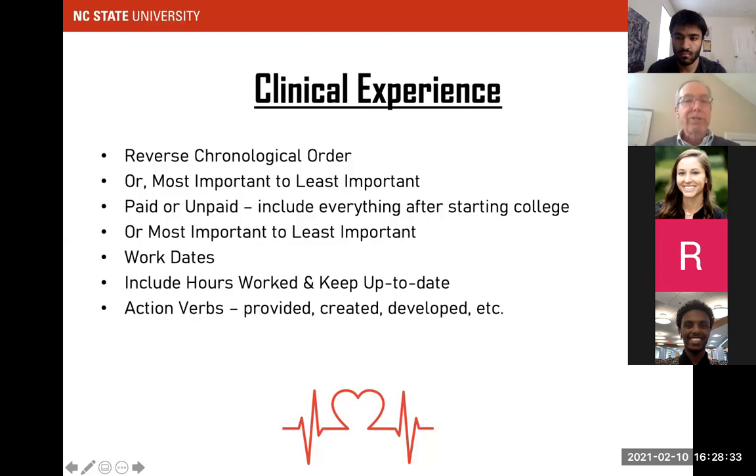Of course, the work dates are included on there, just like I mentioned, and again, mention the action verbs. There's a list in the career guide that I referenced to begin with, the NC State career guide. So that's got a whole page of action verbs you can look at. I've used something like that many times over the years.